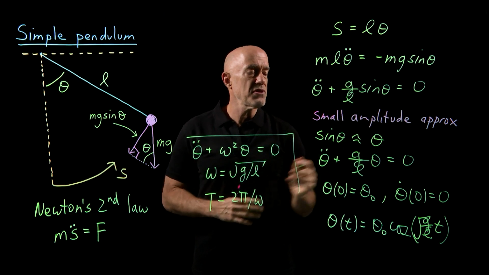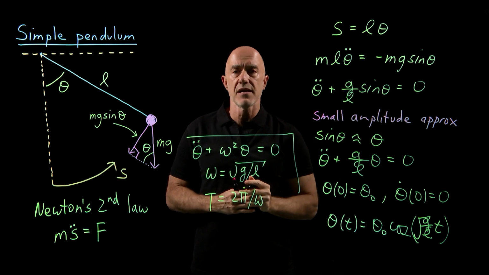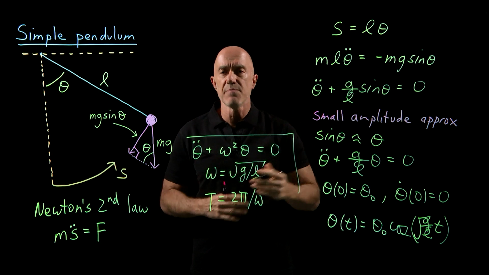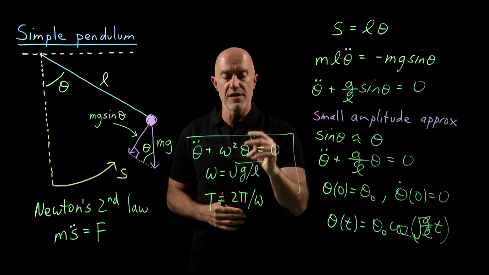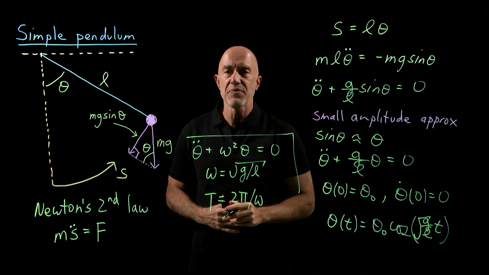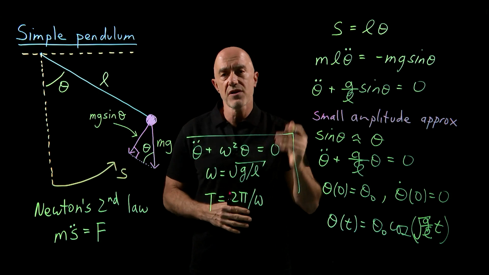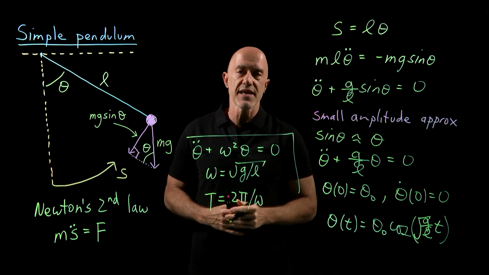Through a small amplitude approximation, we could approximate sine theta by theta, and then we've obtained the general equation for a simple harmonic oscillator, theta double dot plus omega squared theta equals 0. That gives us the oscillation sine or cosine. In this initial conditions, we constructed a cosine function.